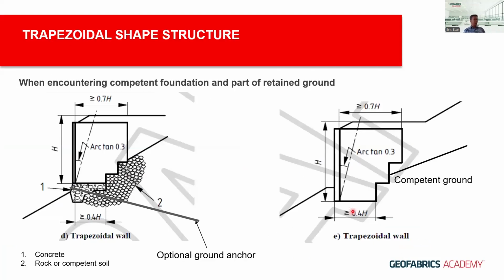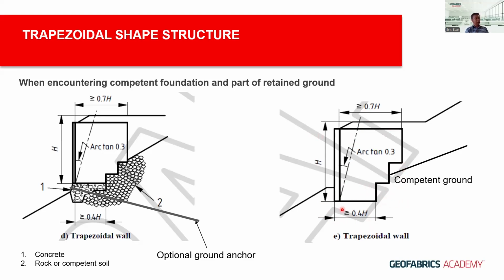A trapezoidal shaped structure is quite often used when you are dealing with slips or landslides, where you may encounter a portion of it that is competent ground, and you do not need to excavate further to lay the soil reinforcement. You may consider using what we in the code of practice consider trapezoidal shape, where the code allows you to have 40% instead of 70% usually, and gradually increase the length of the reinforcement up to 70% at the top.